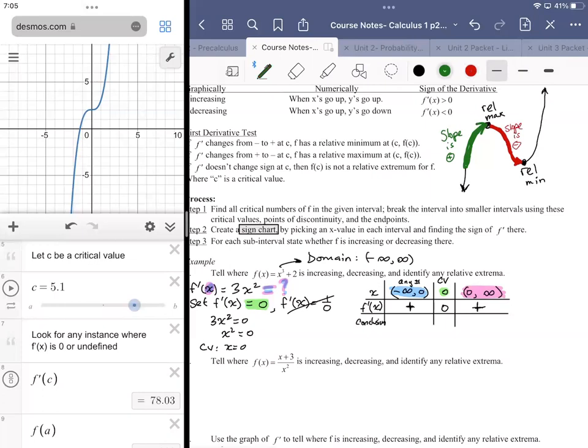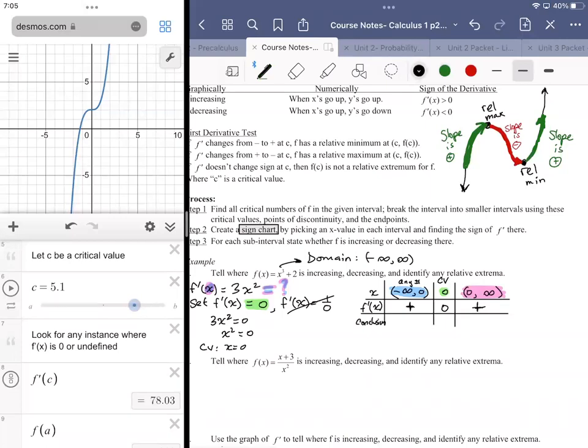Coming out of the relative minimum, the slope is back to being positive. So around a relative maximum, we're looking at a positive slope transitioning to a negative slope. Coming in and out of a relative minimum, we're looking at a negative slope transitioning to a positive slope. Those are your key indicators. If there's no sign change, then you're dealing with something that's not a relative extremum.